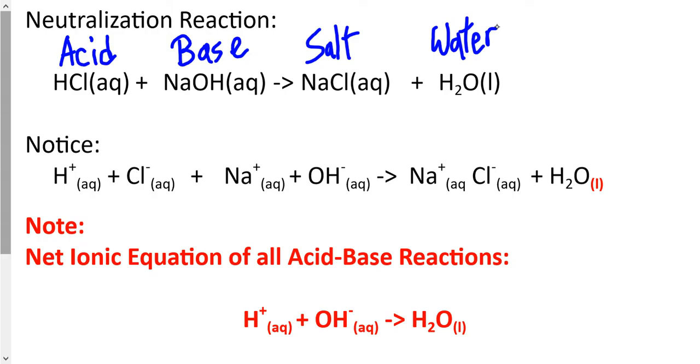You should notice that in HCl, aqua means water, right? So when we have acid in water, it breaks apart into ion. So we'll have H plus and Cl minus. For sodium hydroxide, again in water, it breaks apart into sodium ion and hydroxide ion.